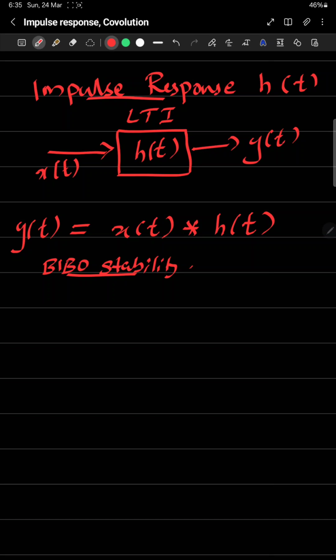This is the method that you have to use to check stability from h of t. After learning convolution you can prove it, but I will just give you the condition.